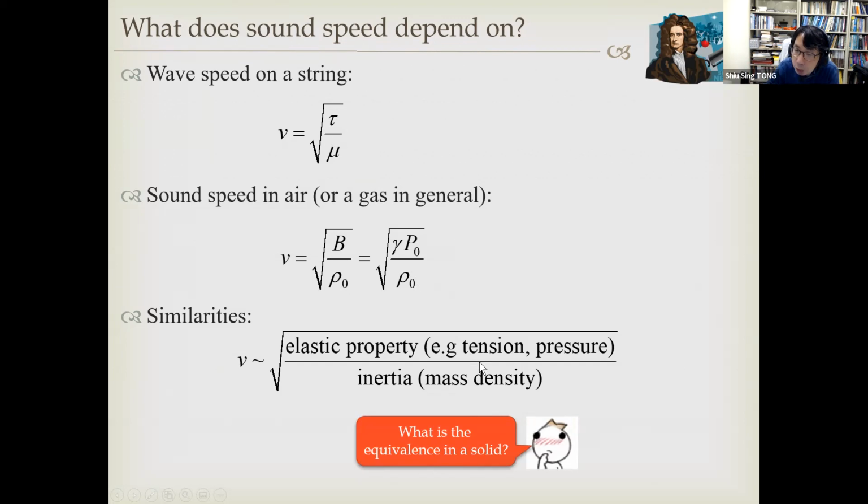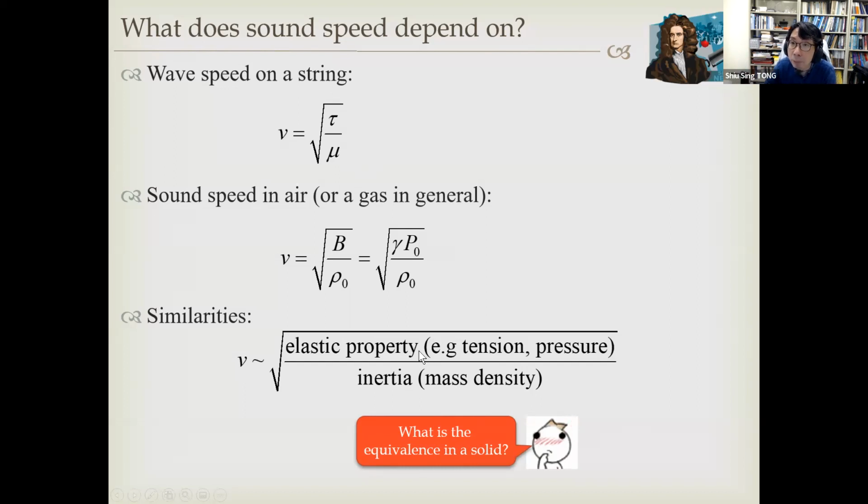For example, the tension or the bulk modulus that specifies how easy it is to compress the medium, right? So it is related to the elastic property of that medium. And in the denominator, you always have the density, either the linear density for a string or the mass density for air or other gases. Okay, so this is a general property.